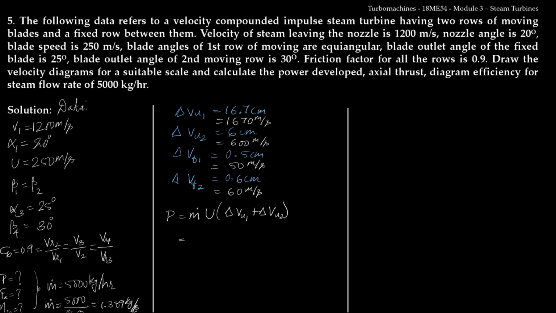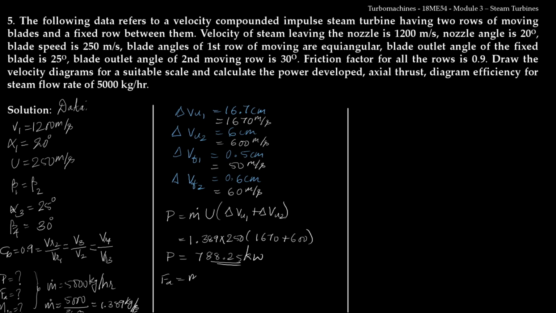So the mass flow rate here is 1.389 multiplied by u, which is given as 250, multiplied by 1670 plus 600, that is delta VU1 plus delta VU2. So we get the power as 788.25 kilowatt. So this is the power delivered by both the turbines. Now we need to find out the axial thrust.